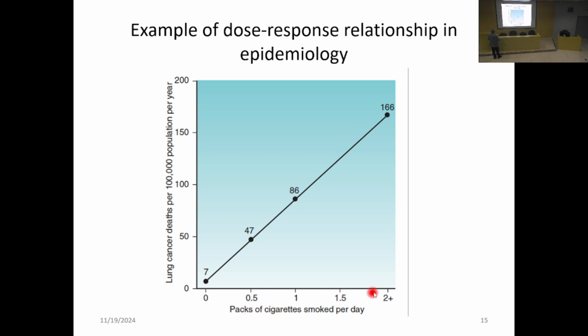Between 0.5 and 2 and plus, it increases 4 times, from 47 to 166, almost. You see? There is a dose response. This is a dose response effect. So be careful when you read the curves. If the x-axis gives you the number or the importance of exposure, this is a dose response curve. Don't mix up things. You need to read the curves carefully.